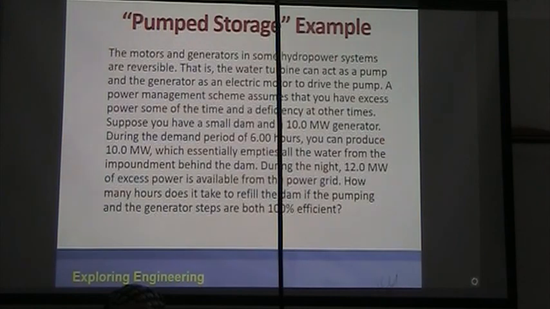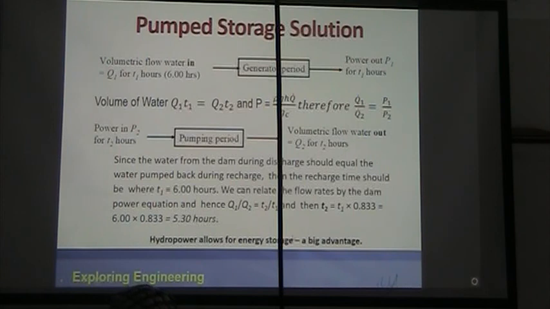How did we get that? We said because our power during the day that we're generating is 10 megawatts, and our power that we are using at night is 12 megawatts. Again, everything is assumed to be 100% efficient, which seems unlikely.